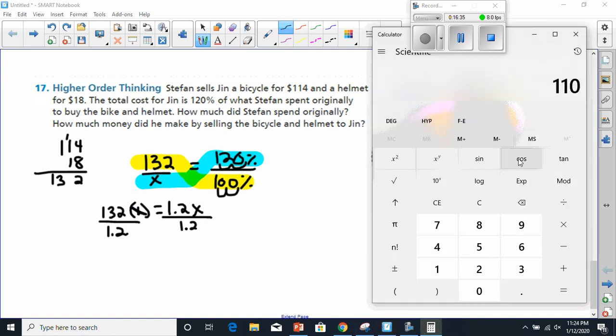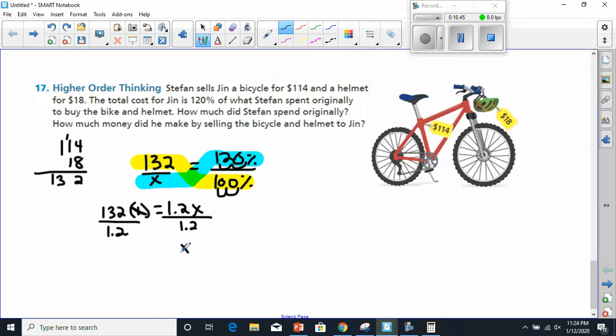If I do that, I see that 132 divided by 1.2 gives me 110. So x has to equal 110, which means the original cost, how much did Stefan spend originally? $110 is what he spent originally.